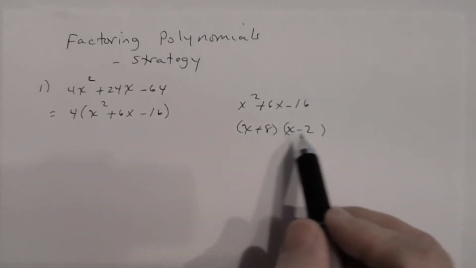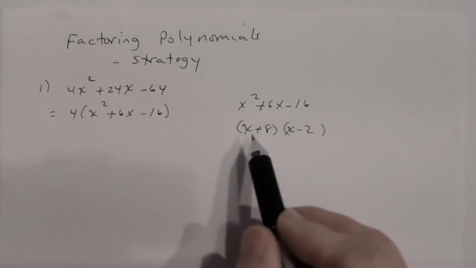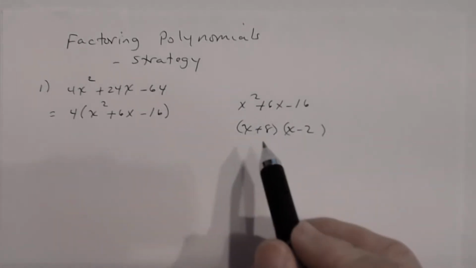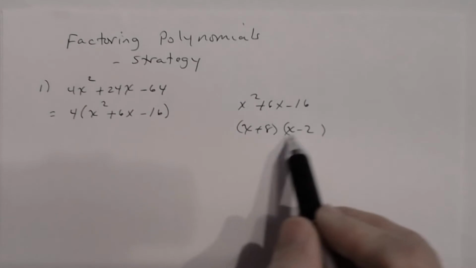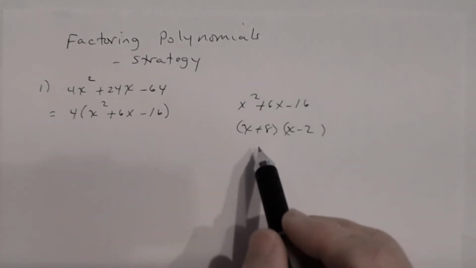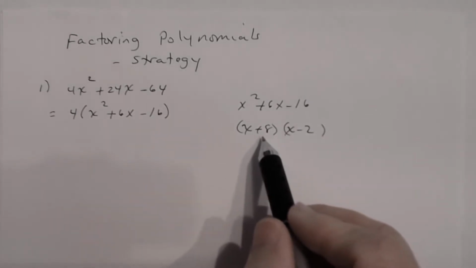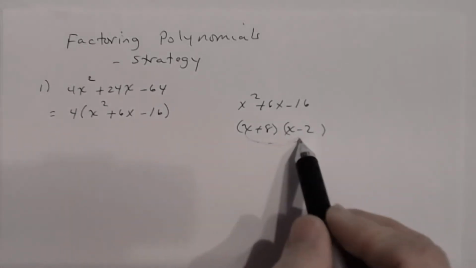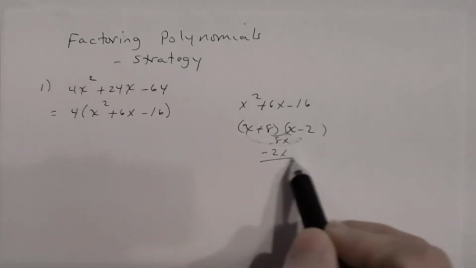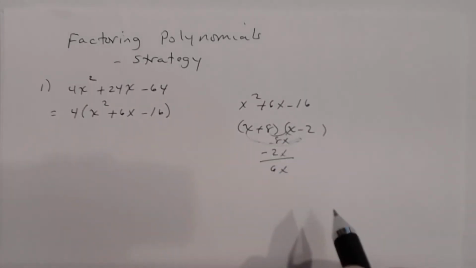Just because you've filled in these 2 binomials doesn't mean it's correct, so you've got to double check. You could have made a mistake with the signs or with any of the terms. The outer is negative 2x, the inner is 8x, and when you add them up, you get 6x, which is what you wanted.